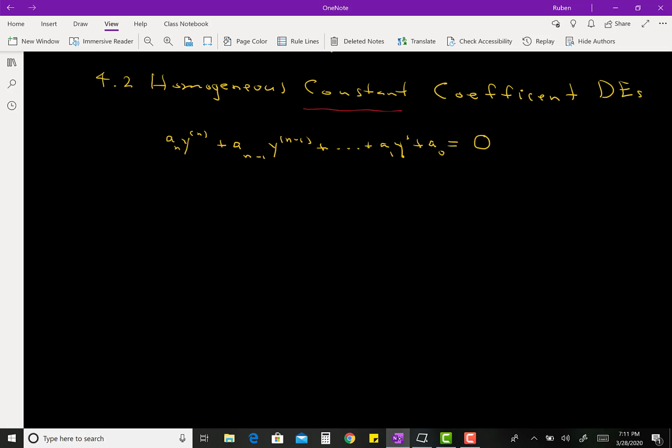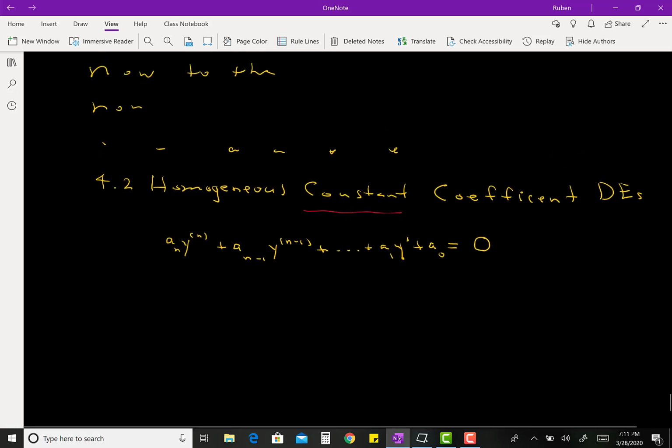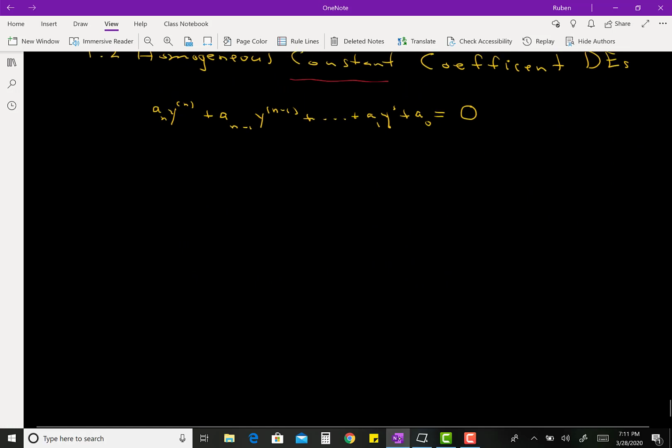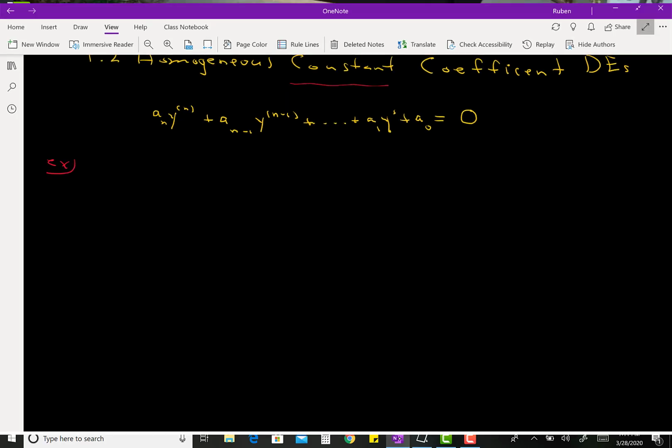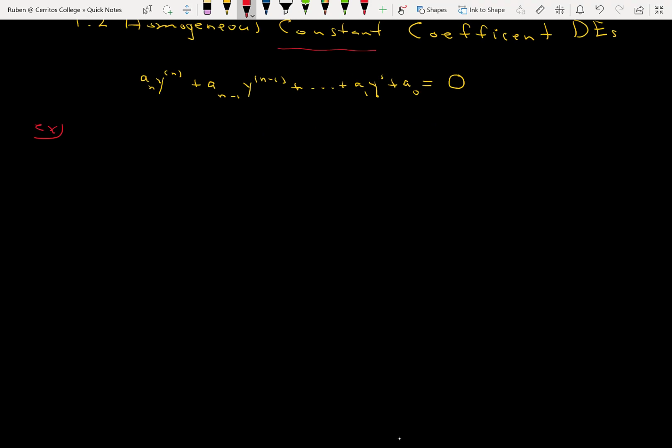Okay, so how does the method work? Let's start with a specific example. Let's consider the differential equation y double prime minus y equals 0.